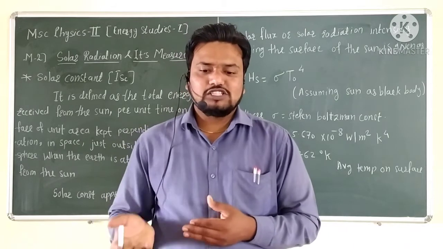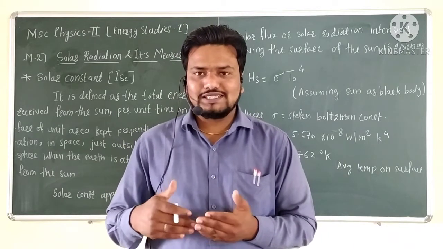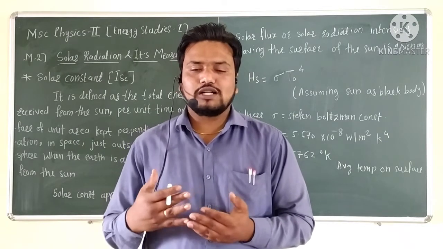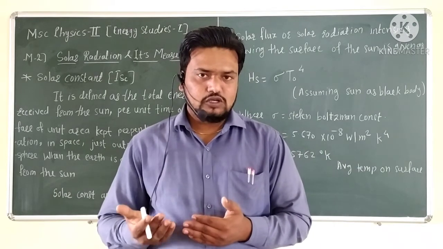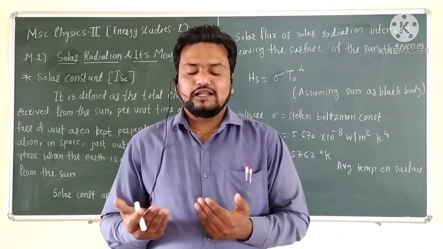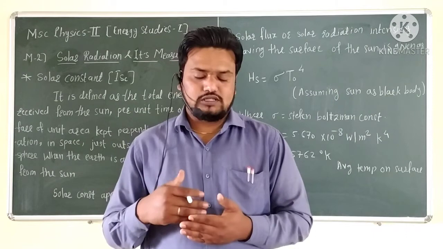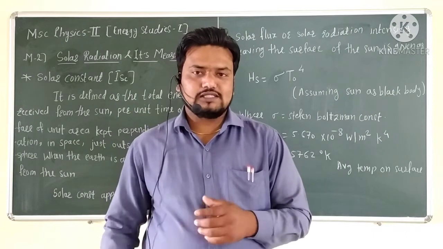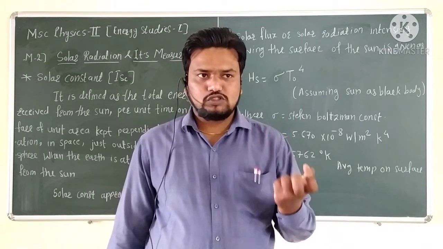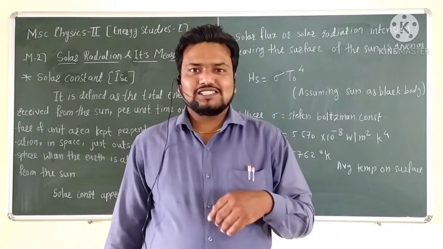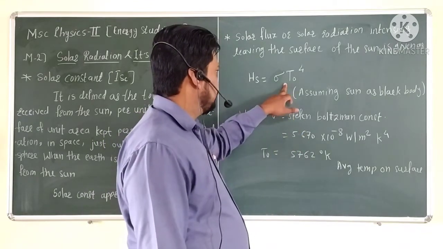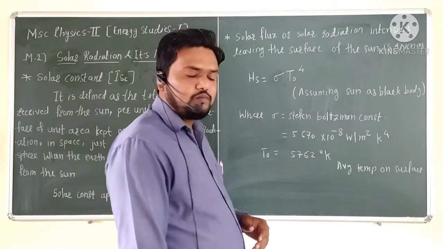And this solar radiation or solar constant is measured in terms of the solar flux or solar radiation intensity. The solar flux leaving the surface of the sun is given with the help of the Stefan-Boltzmann law, which is Hs equal to sigma into T naught power 4.